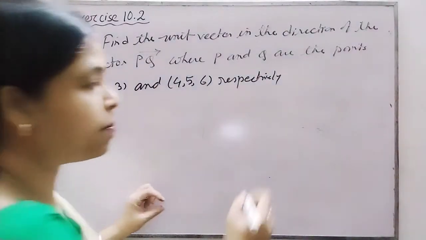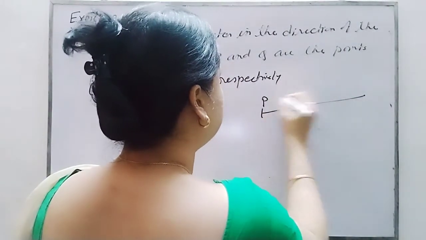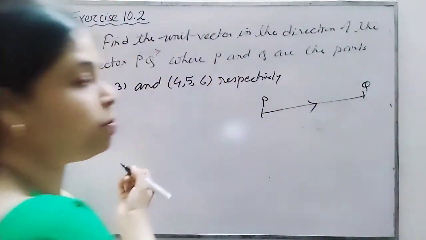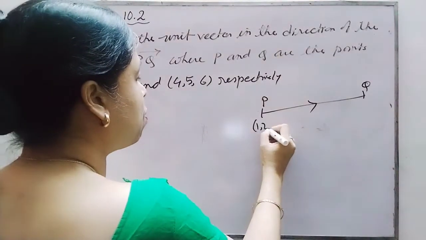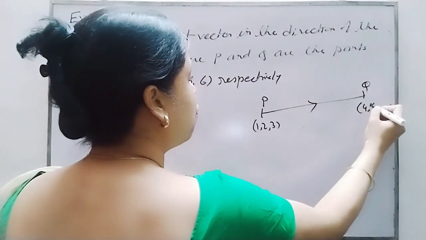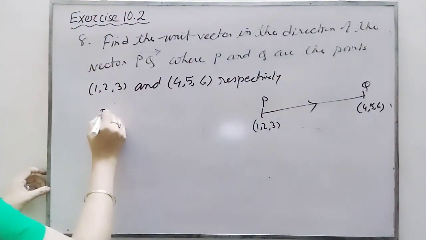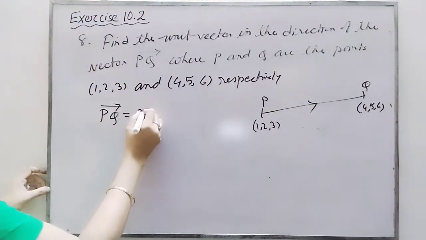So first we need PQ bar. I have drawn a diagram. PQ bar direction will be like this. P position vector is 1 2 3, Q position vector is 4 5 6. So let us first find out PQ bar. What is PQ bar?